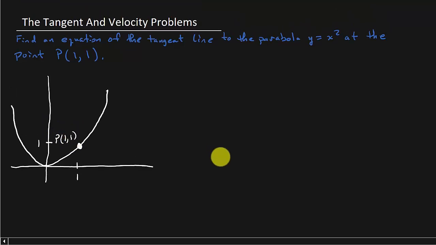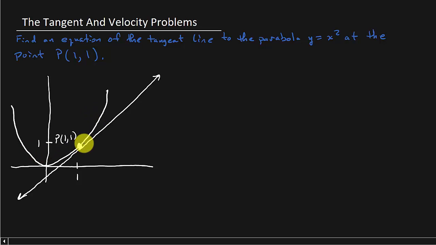All right. So the line that we're looking for is this one right here. This is the line that's tangent to this curve, y equals x squared, at the point 1, 1.